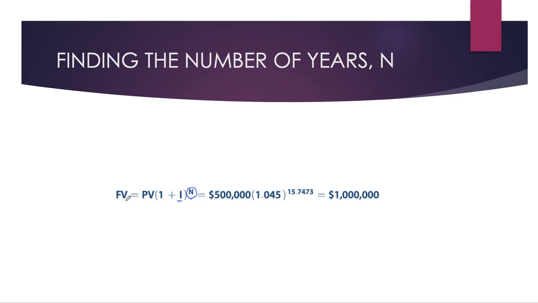For example, you might have a target amount, a future value, that you want to reach. And you have, let's say, $100. Given the interest rate is, let's say, 5% per year, you might ask the question, how long is it going to take for my investment to double?